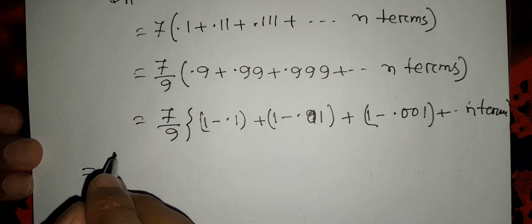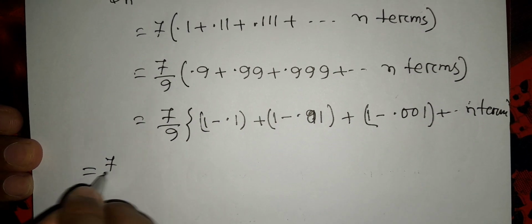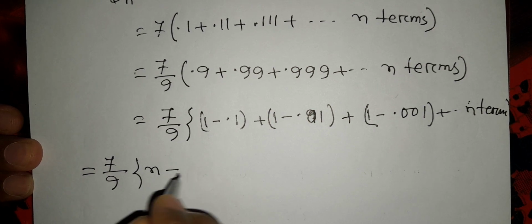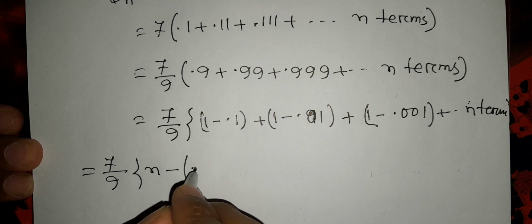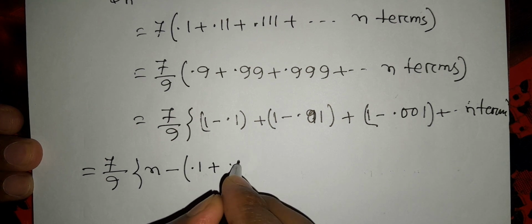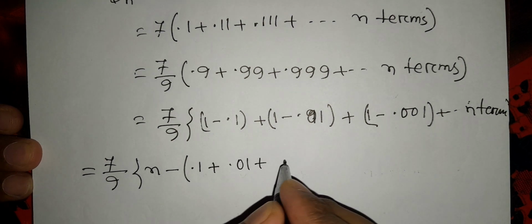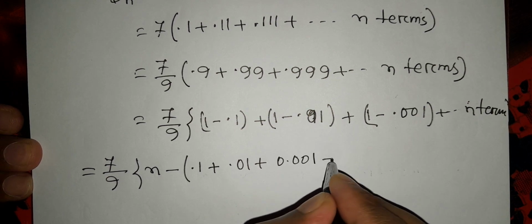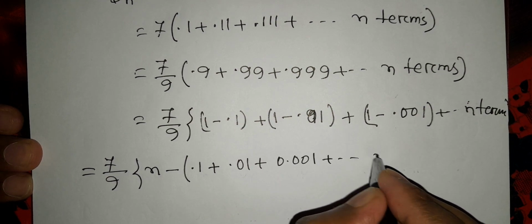Now we can write 7 by 9 times n and 0.1 plus 0.01 plus 0.001 plus ... up to n terms.